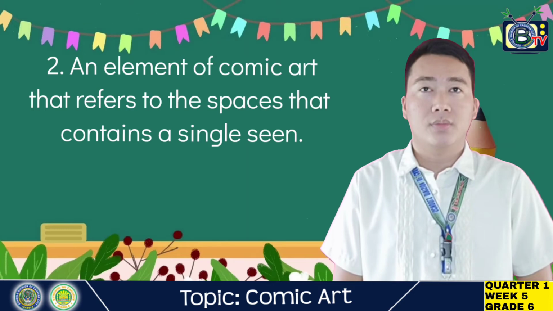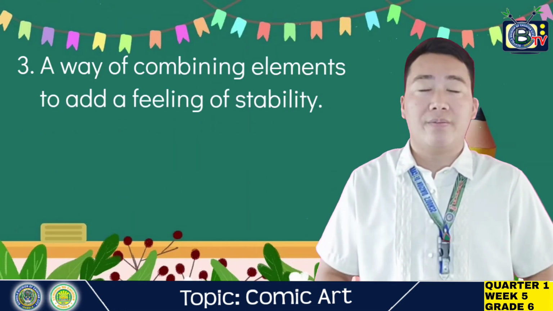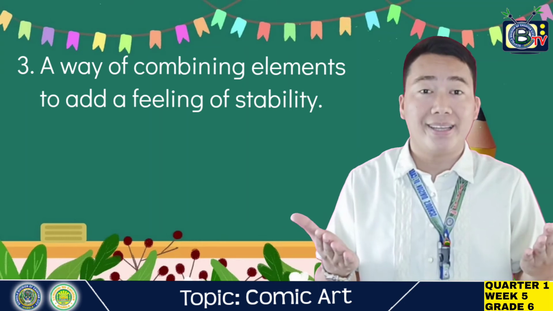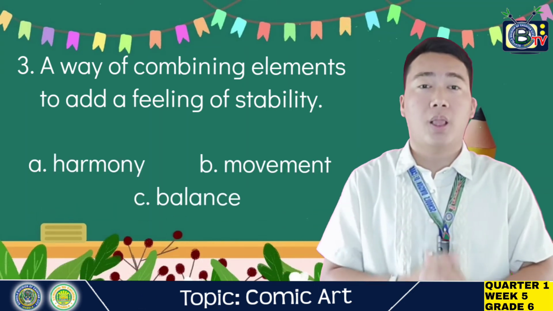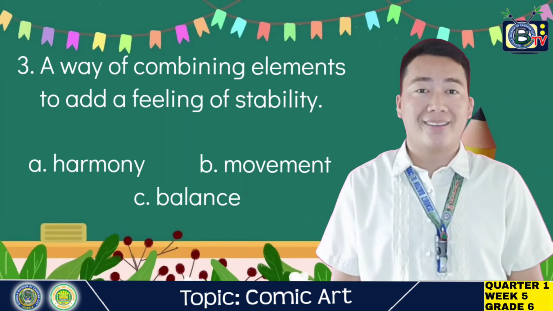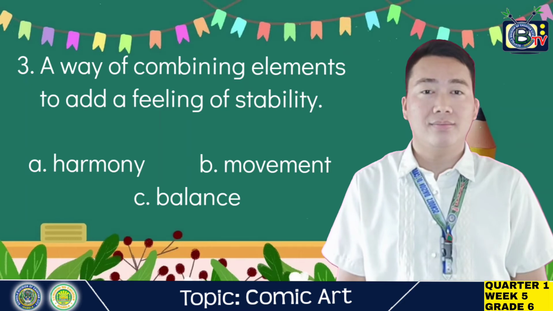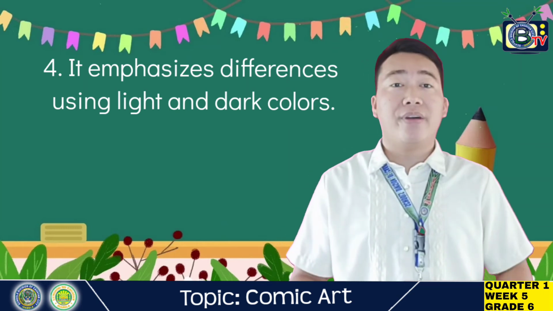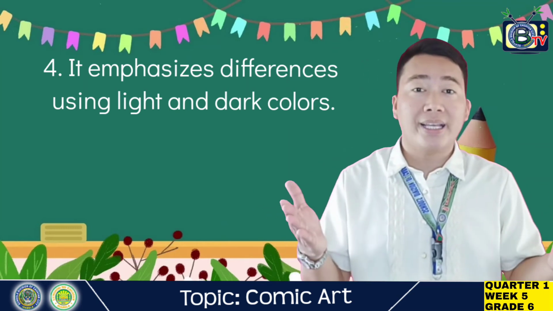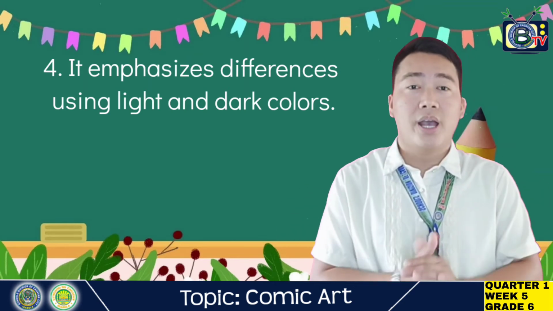Number 3. A way of combining elements to add a feeling of stability. A. Harmony. B. Movement. C. Balance. Number 4. It emphasizes differences using light and dark colors. What is this?